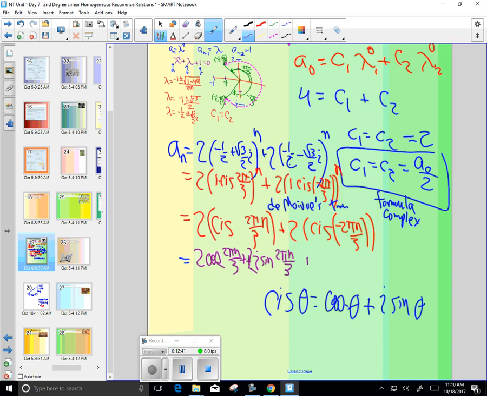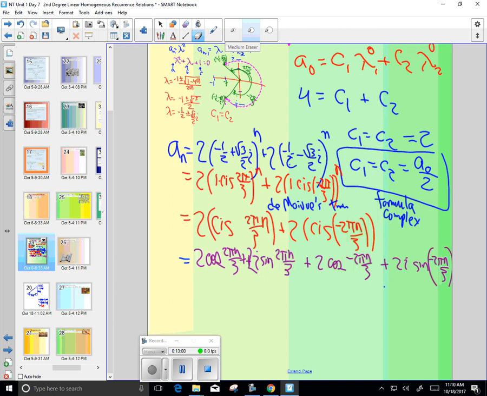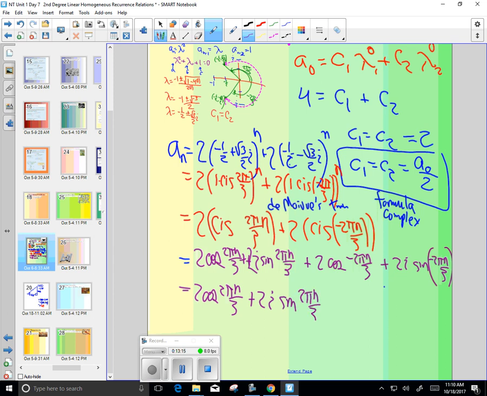Okay. This one's going to be plus 2 cosine negative 2 pi n over 3 plus 2i sine negative 2 pi n over 3. So we have, again, 2 cosine 2 pi n over 3 plus 2i sine 2 pi n over 3.